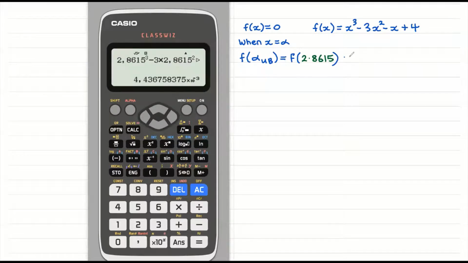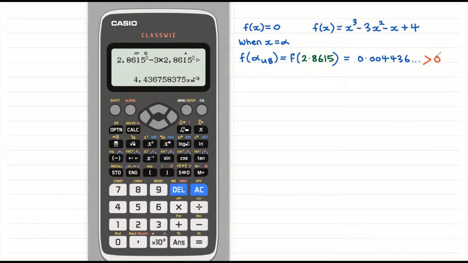So this is equal to, I'm just going to write this not in standard form, 0.004367. Now that's positive. It's very small, but it's positive.